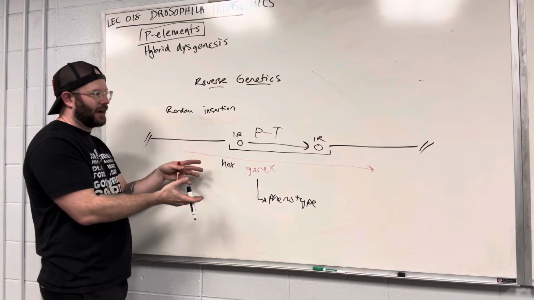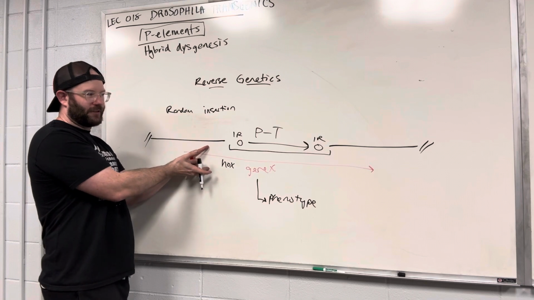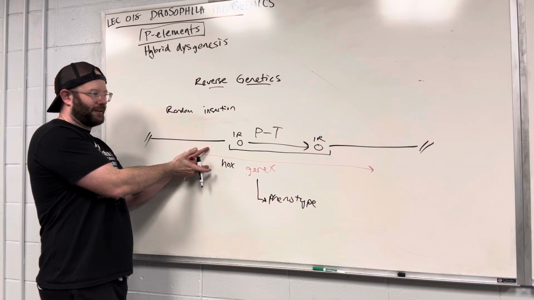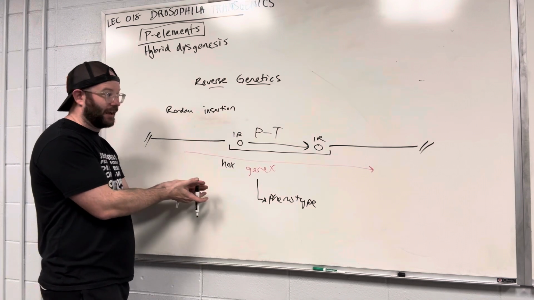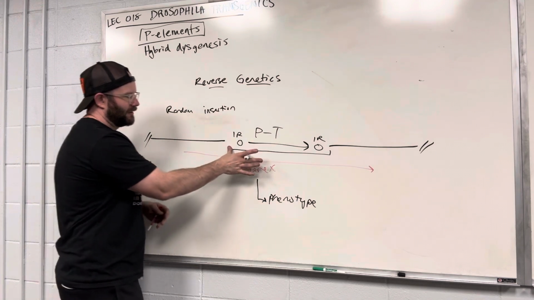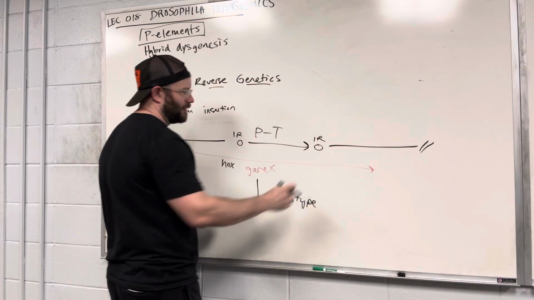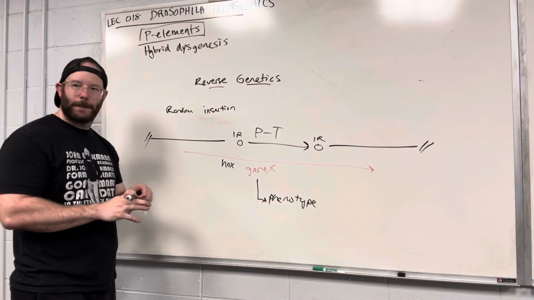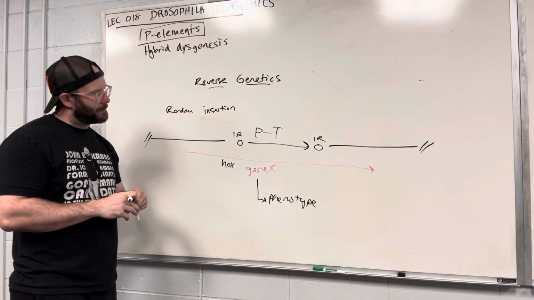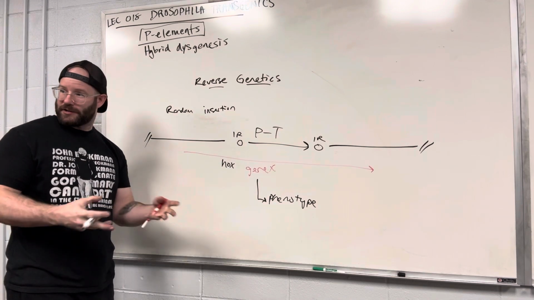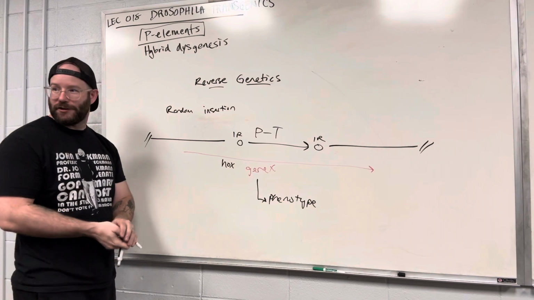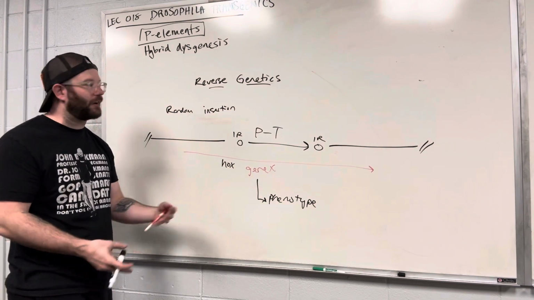Just to clarify, what type of molecule are we working with here? DNA. So we need a way to find a site in DNA. What could we use? Maybe live cells? You don't even need cells, period. You just need an extraction of the genomic DNA, and then you could do things with that genomic DNA to figure out the insertion site.